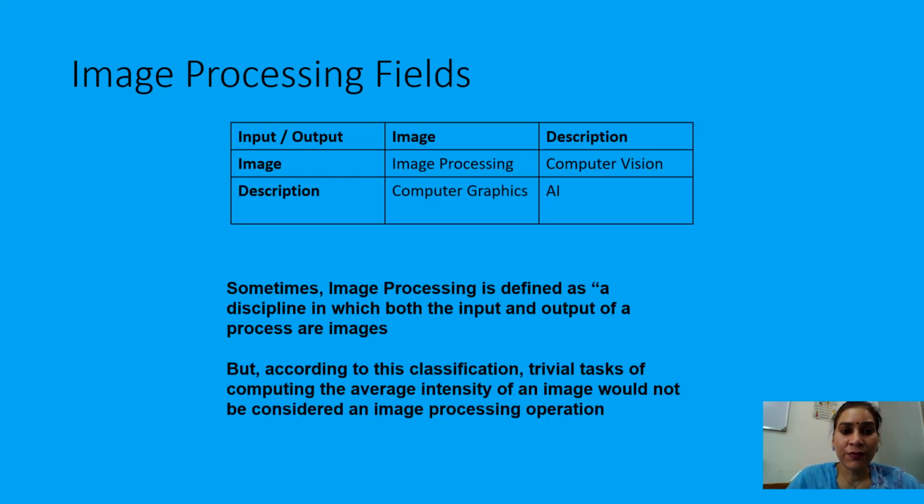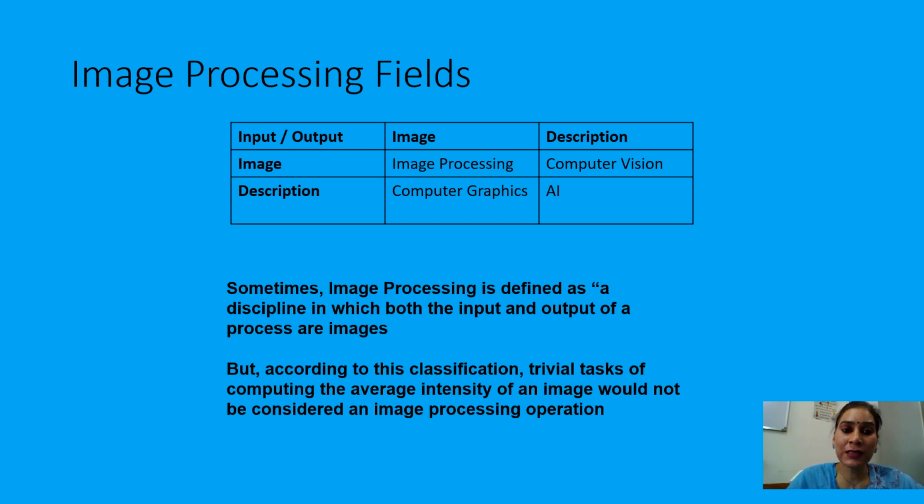Image processing basically consists of two things. One is the input and another is the output. When the input is image and the output is image, and the process enhances the quality of the image, that is called image enhancement.